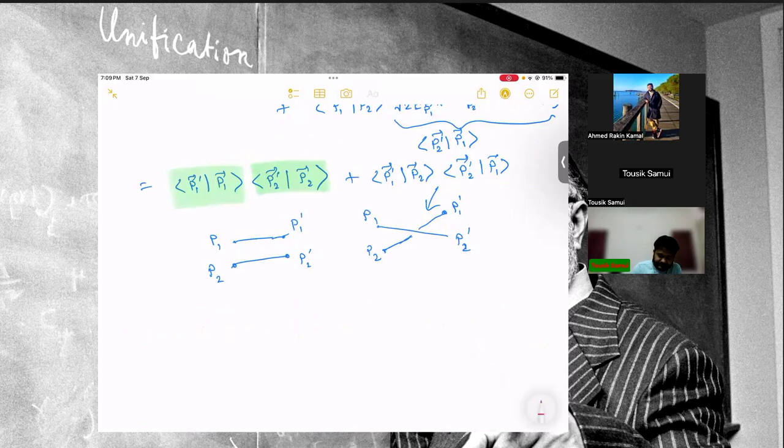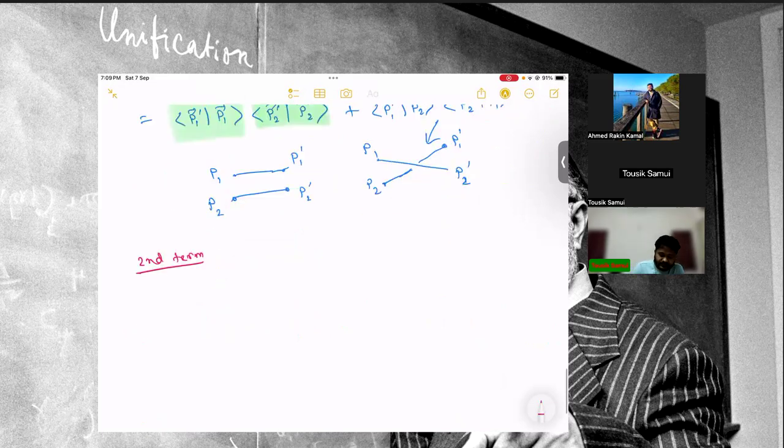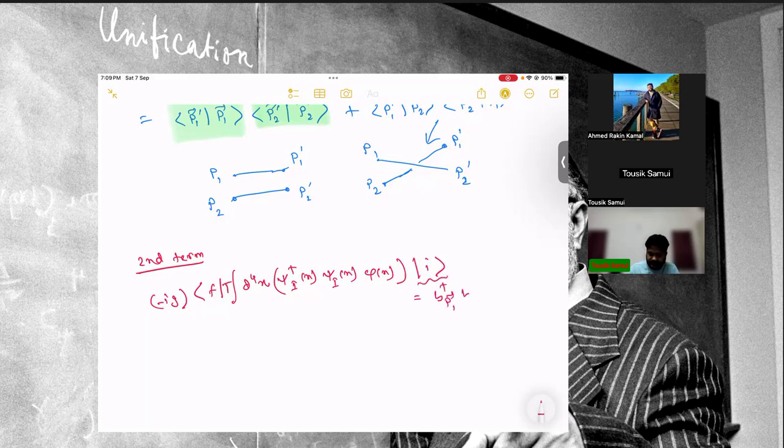So for the second term, we have minus ig, time ordering of d4x psi dagger psi phi of x, and then I. Now remember, I is nothing but dp1 dagger dp2 dagger acting on 0, and F has the form with these primes.